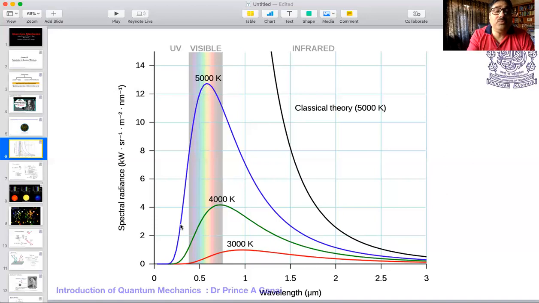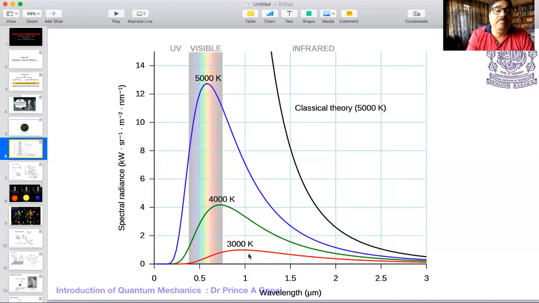So this was an experimental finding, and some empirical laws were derived from this graph, like Stefan's law and Wien's displacement law. Stefan's law said that as you increase the temperature, the area of these curves increases. So the more the area of the curve, the more energy is emitted by a black body.